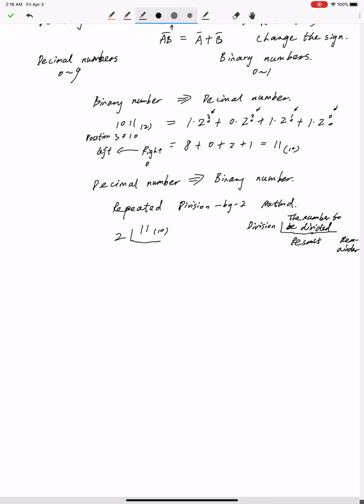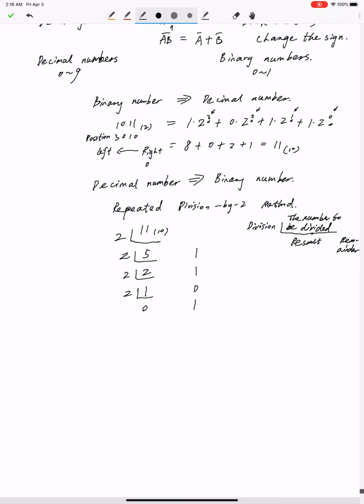So here in this example, 11 divided by 2, the result is 5 and the remainder is 1. 5 divided by 2, result is 2, remainder is 1. 2 divided by 2, result is 1, remainder is 0. 1 divided by 2, result is 0, and the remainder is 1, right?